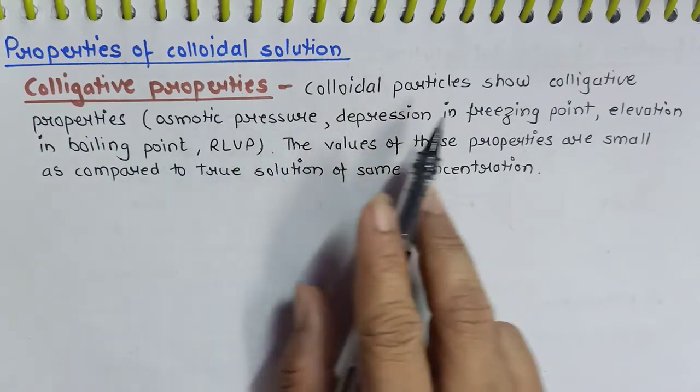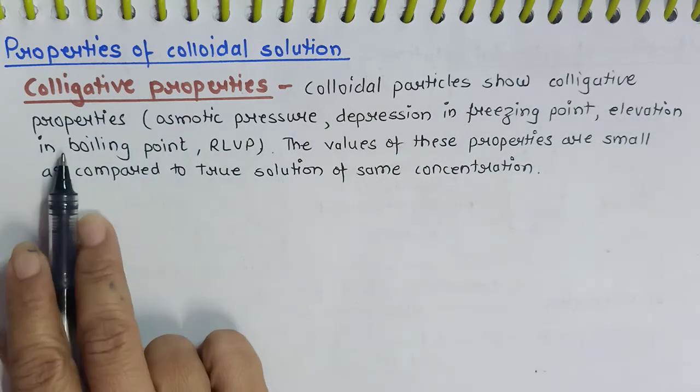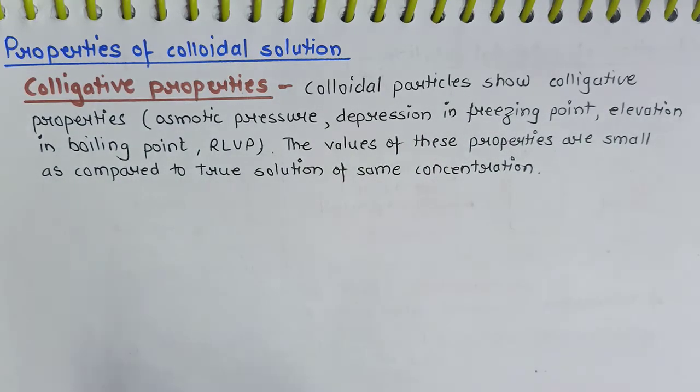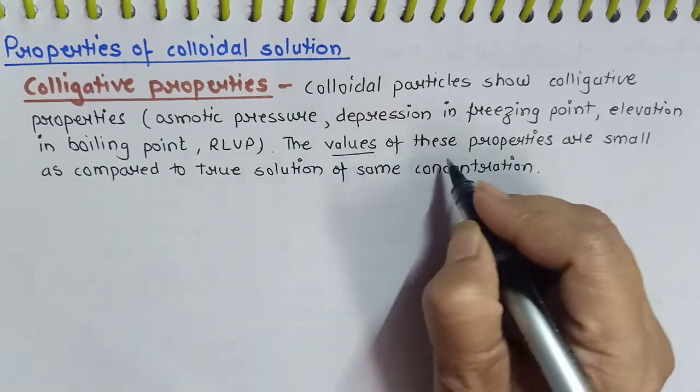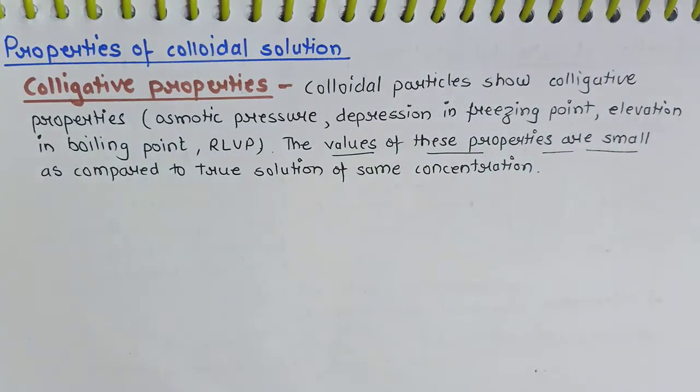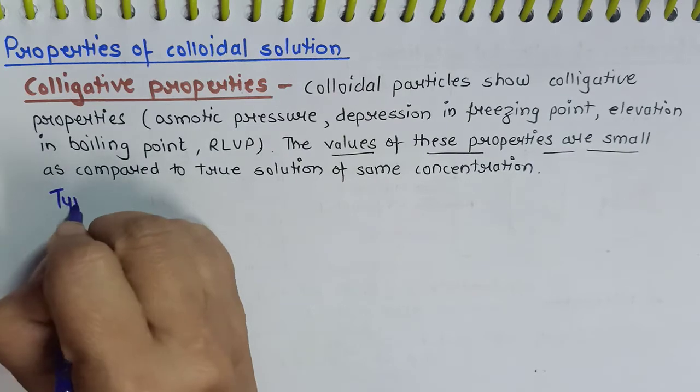Like osmotic pressure, depression in freezing point, elevation in boiling point, relative lowering of vapor pressure, etc. But we know there is a big difference in the size of true solution particles and colloid, and therefore values of colligative properties are comparatively small as compared to that of true solution. Another very interesting property which is shown by colloidal solution is the Tyndall effect.